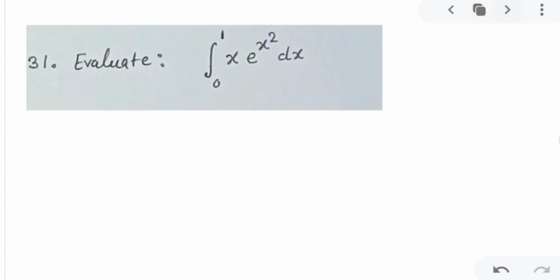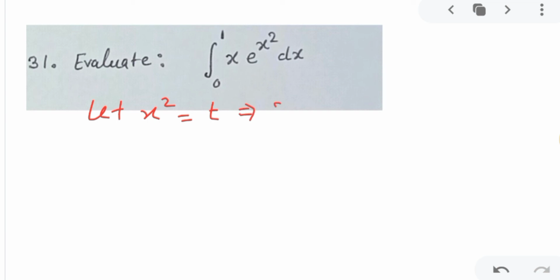Now we'll move to the next question. We have to evaluate the integral of x into e to the power x square, dx. It is similar, but it is a definite integral and it is not in division, it is in multiplication. Here also we'll follow the same step. Let x square be t.